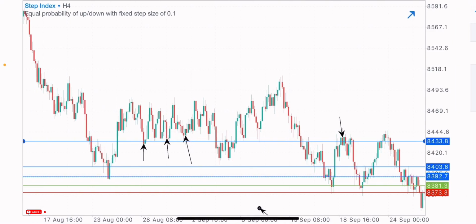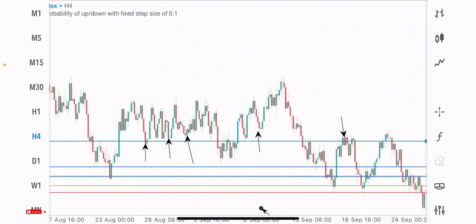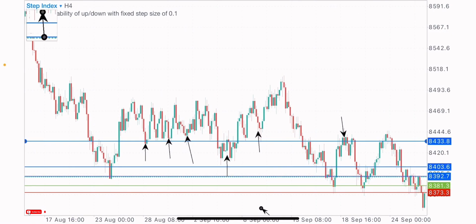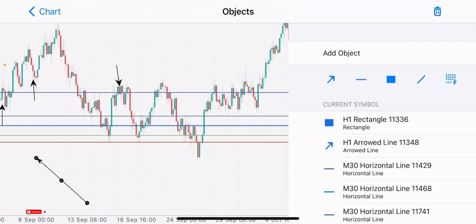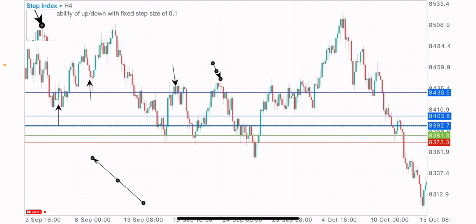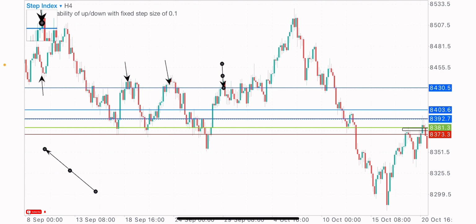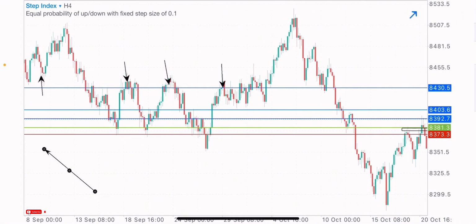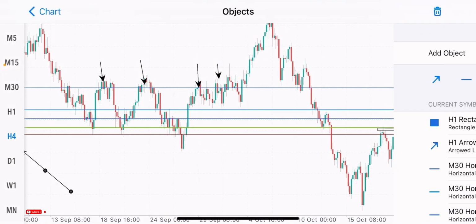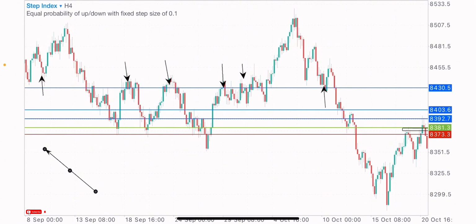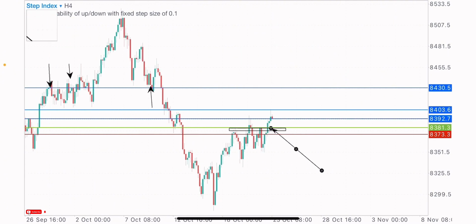Then resistance at this zone, resistance at this point, resistance here as well, and a support at this point. So we're likely to get the market to react on the same level as a resistance. So this should be our last target level.